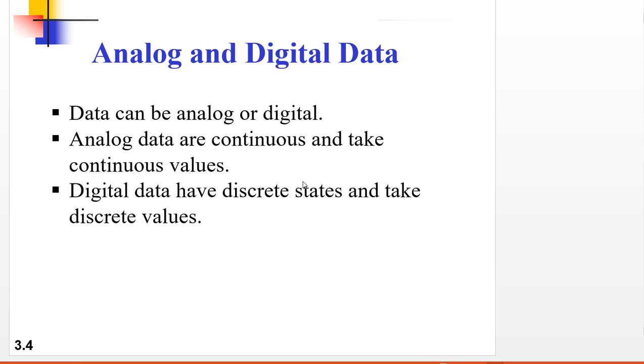Analog data are continuous data, whereas digital data have discrete states and take discrete values. What are the discrete states? States might be high, low, 0, 1, or on and off. These are the discrete states, and digital data have discrete values. Analog data have continuous values.